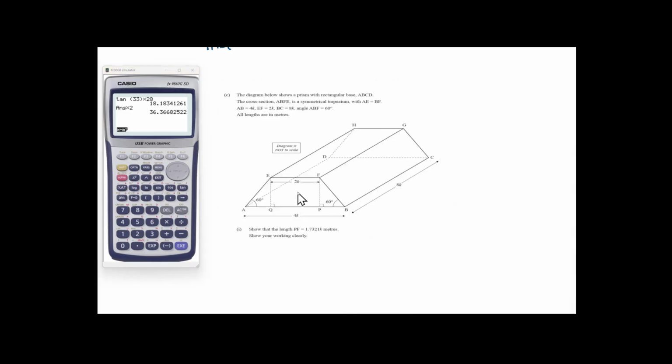Alright, next question. So the diagram below shows a prism with a rectangular base ABCD, right? Cross section ABFE. BFE, this one here, is a symmetrical prism, okay? So in other words, you can draw a kind of a mirror down there.